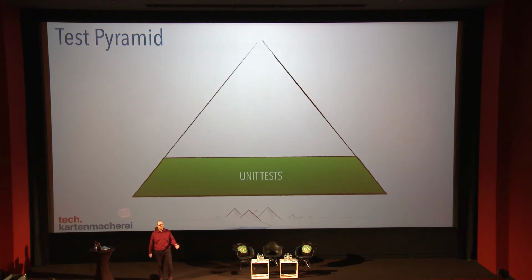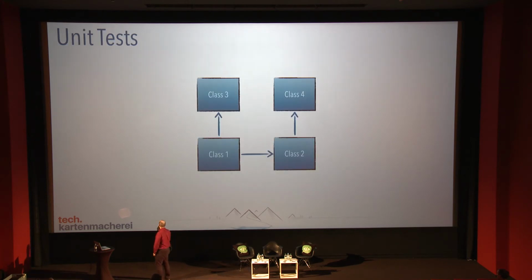I had so many different opinions about unit tests before I started to work with kartenmacherei. But we looked into Wikipedia, we talked with a lot of people, so we said, okay, come on, unit tests, it's saying the name already, but no one thought about it before. It's testing the unit. So to talk in examples, we have these 4 classes, and we want to test class 1.